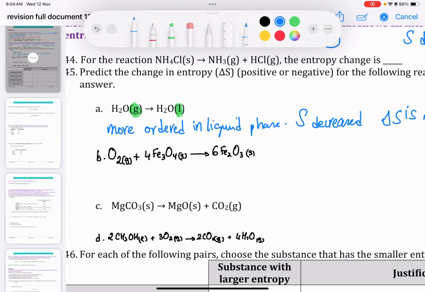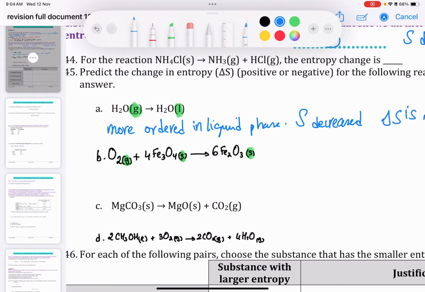Here's another question. I have oxygen plus 4 Fe3O4 solid giving 6 Fe2O3. So here we have to compare. I have a molecule in the gaseous state and the solid state, but now in the product it's only solid. And we know that the entropy of solid is always lower than the entropy of liquids or gases, because the particles in solid are so highly ordered.